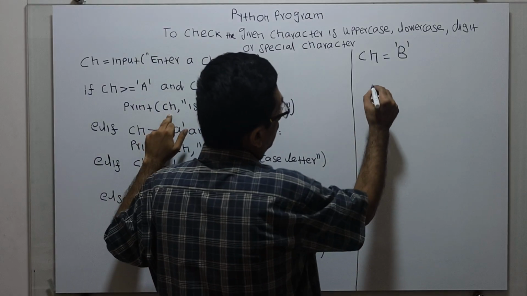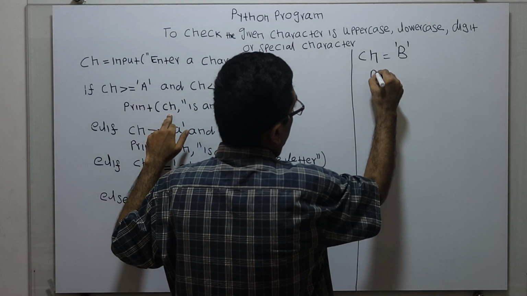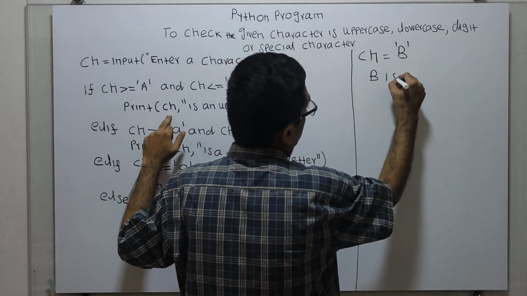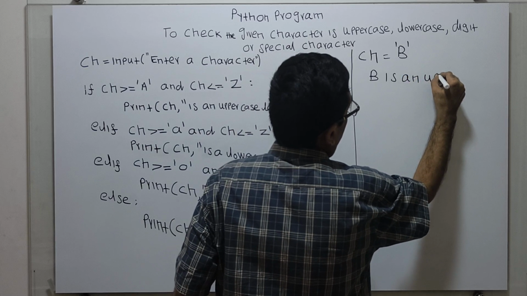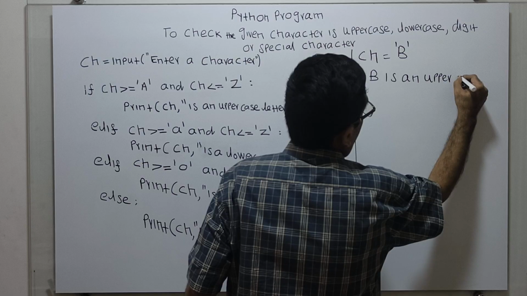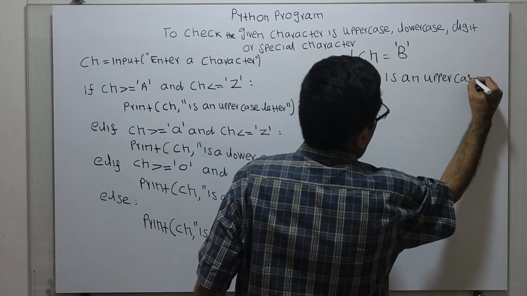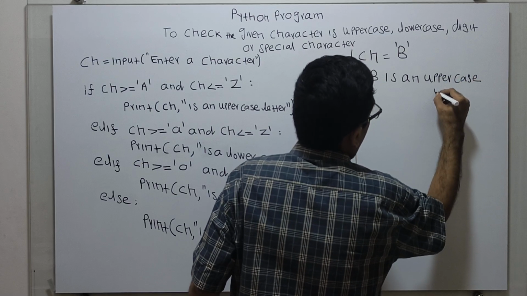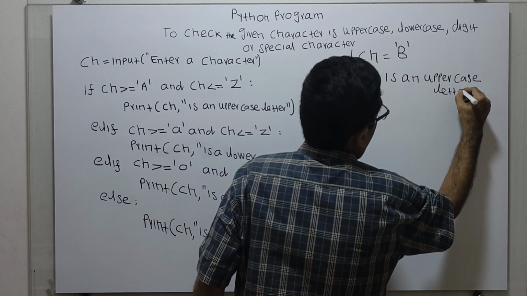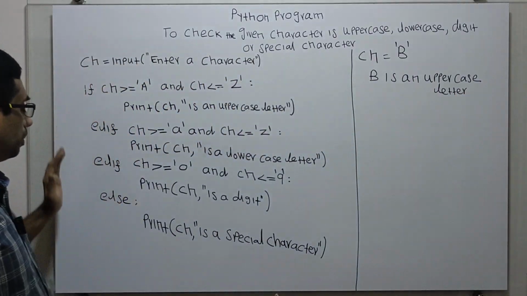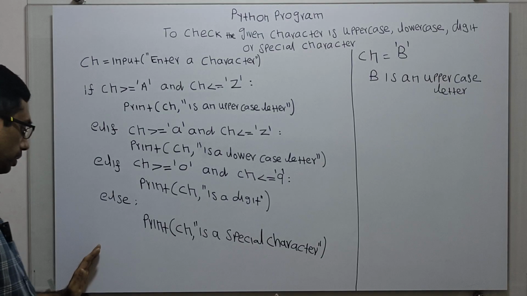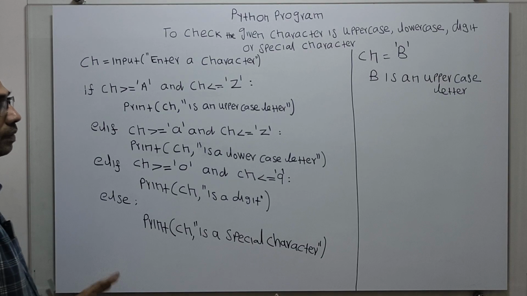My output is B is an uppercase letter. So this is my output. Then the controller will come out after the else statement. So nothing will happen. The program will halt.